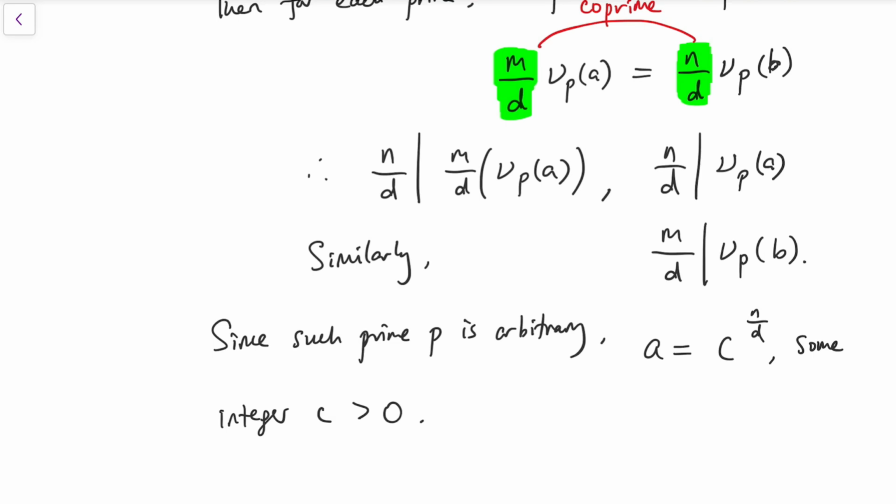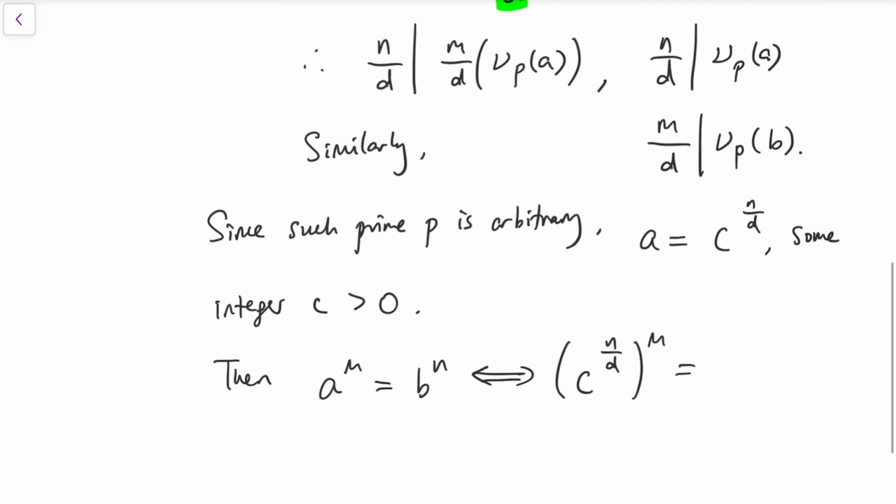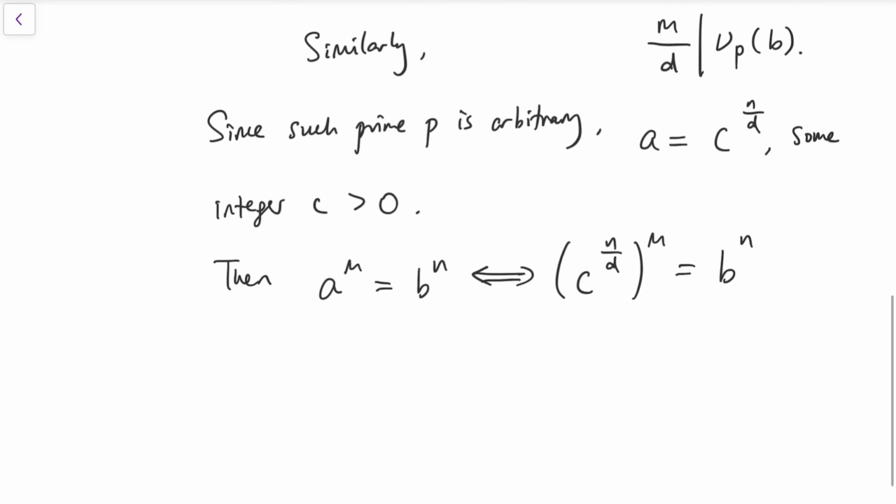Then we can go back to our original equation. It's equivalent to c to the power n over d all to the power m equals b to the power n.